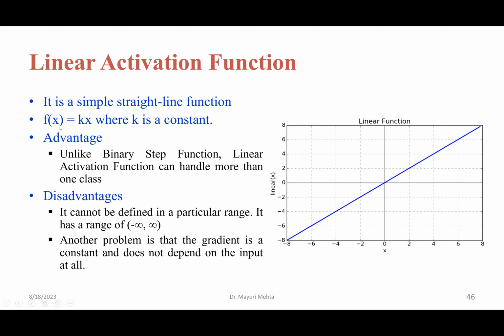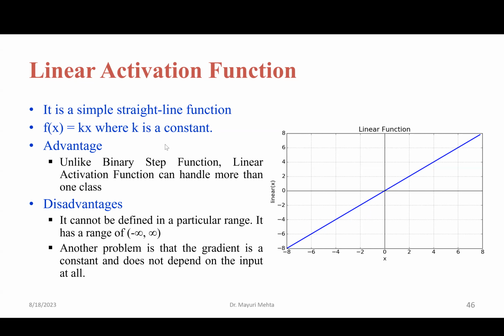So the function is f of x is equal to x, or you can say f of x is equal to kx, where k is a constant. So linear function is a very simple function. Its range is -infinity to infinity. The line can be from any point on the negative side to any point on the positive side, because ultimately we are drawing a line.